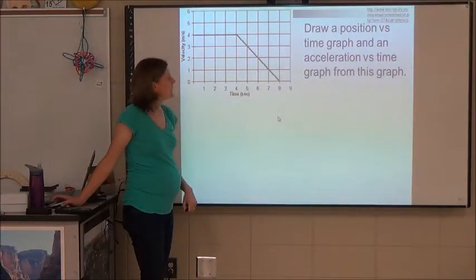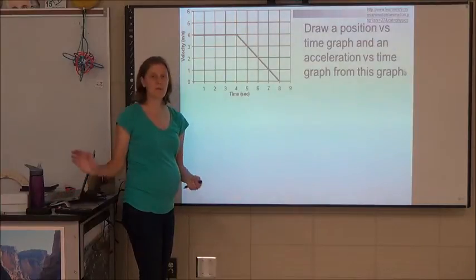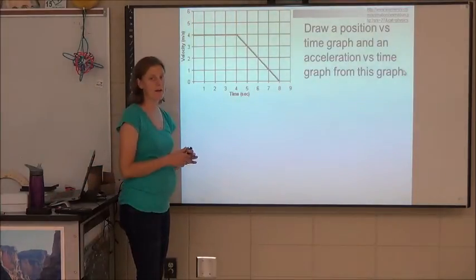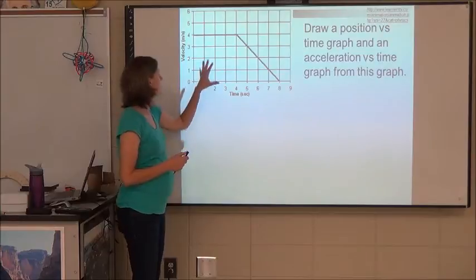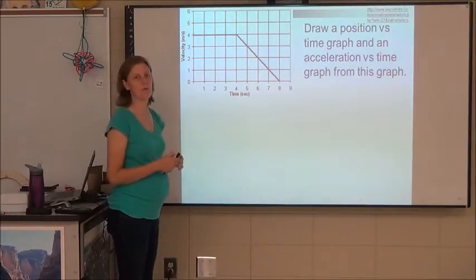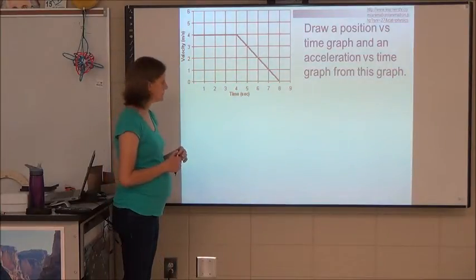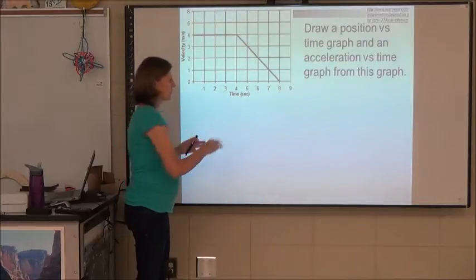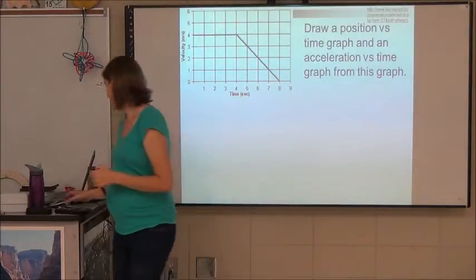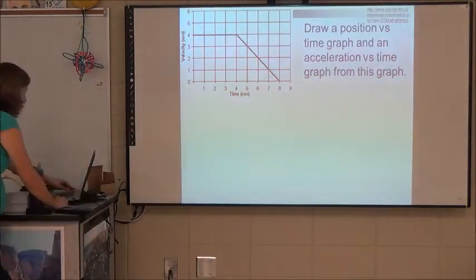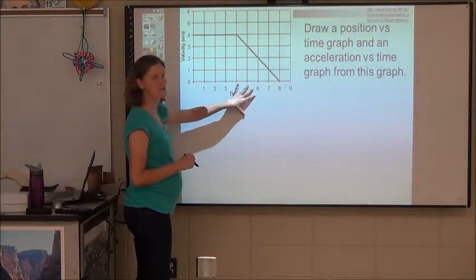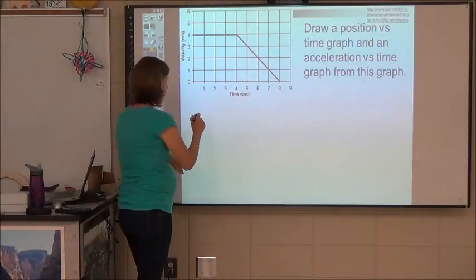So I do want you to be able to draw from graph to graph. Draw based off of one graph what the other two might look like. So we're going to try to spread this out. Get a pen. So this is the velocity graph. It's kind of like the middle graph.